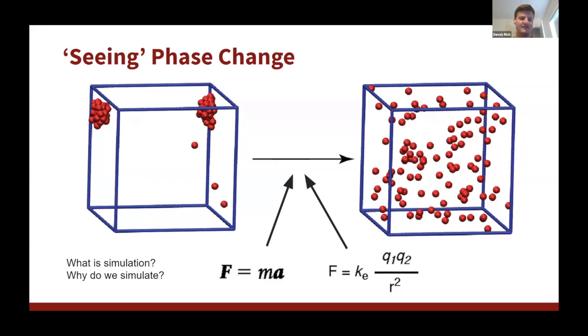So the basic idea of simulation is you take a system, you put in mathematical equations that describe the system, and then you let a computer iterate on those equations to see what the final state is going to be. Here in this box, you're typically going to see, with very simple equations, what particles are going to do in that box.